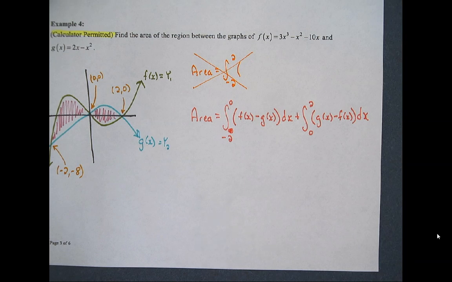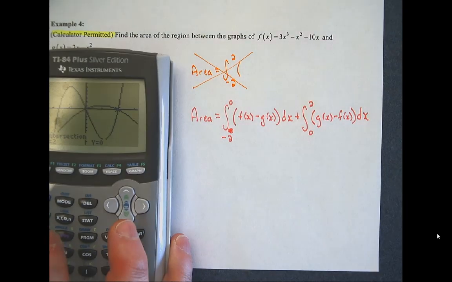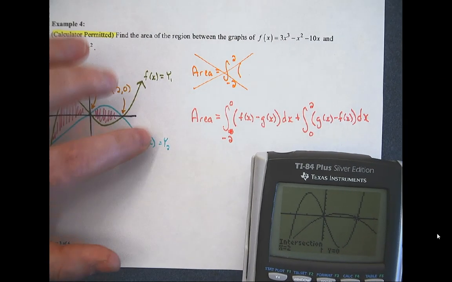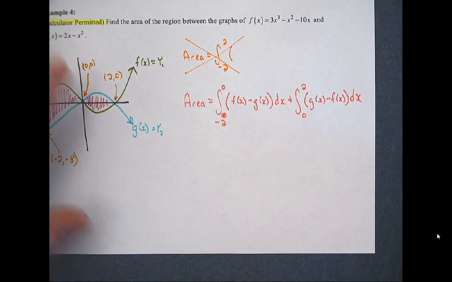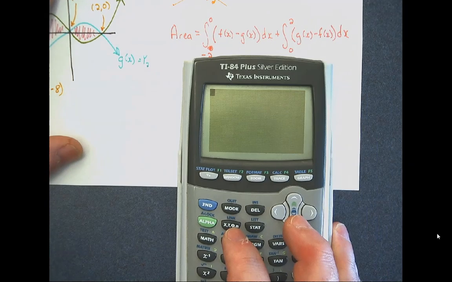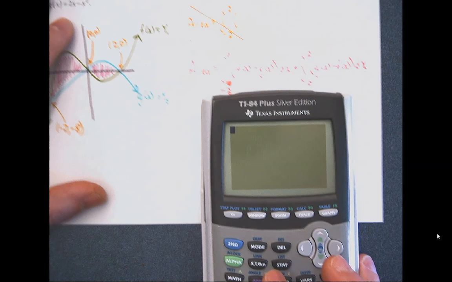Pause it here if that didn't make sense. If it does, cool. Grab your calc, start calculating. Now remember, we defined these as y1 and y2, so I don't have to actually type in all that mess. I typed it in once into my grapher, so I don't have to type it in again.